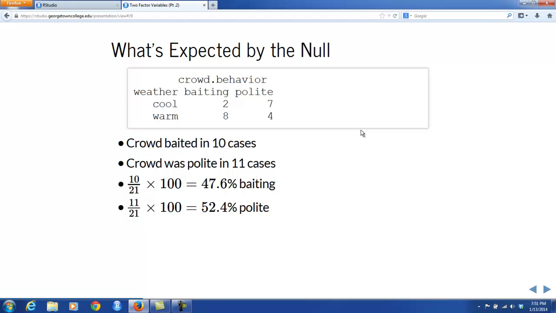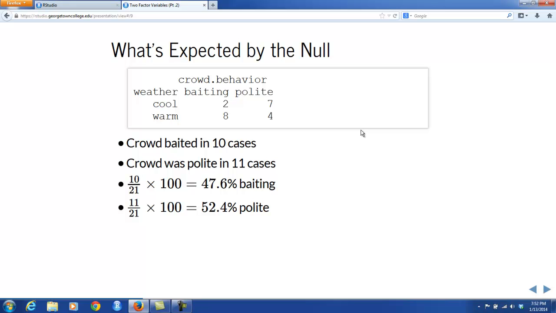What we're going to do is temporarily, and for the sake of argument only, assume that the null hypothesis is right. We're going to assume that there's no relationship between weather and crowd behavior, that the weather makes no difference. And we're going to find what we would expect to see in the way of a two-way table if these two variables are completely independent.